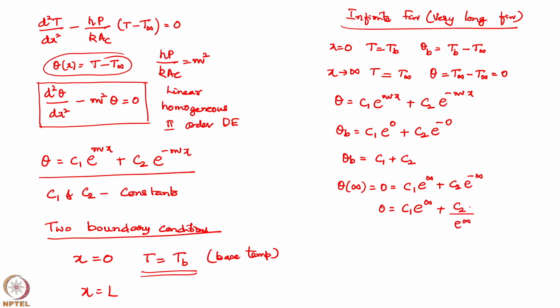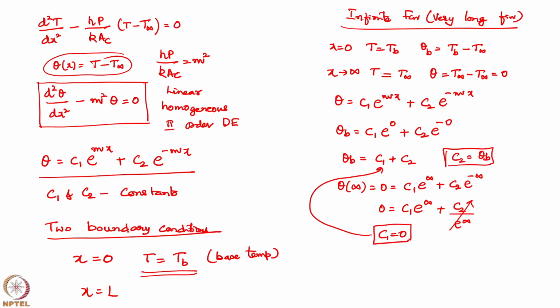So 1 by infinity is very small, so that means this can be neglected. So you get C1 equal to 0. If I substitute this C1 equal to 0 into this equation, I get C2 equal to theta b.